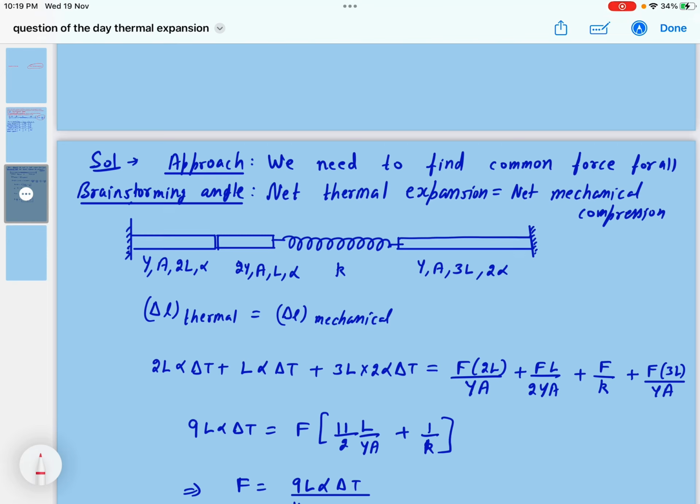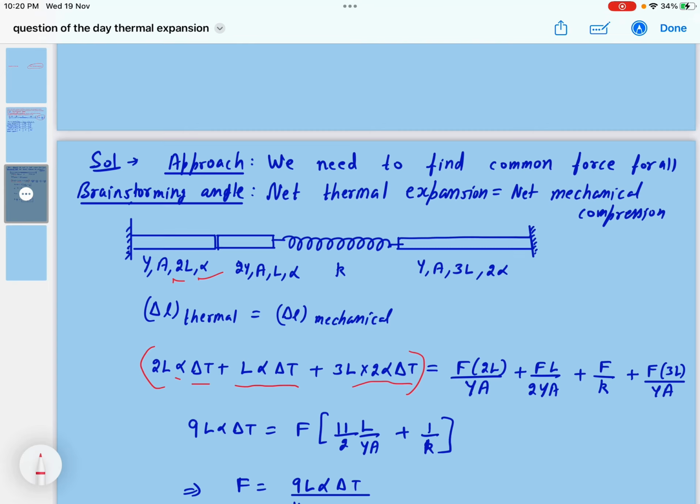So thermally, the expansion of each and every rod I am writing as L alpha delta T. For the first rod, the length is 2L, coefficient of thermal expansion alpha, change in temperature delta T. Similarly for the second rod and the third rod. It should be equal to the mechanical compression.